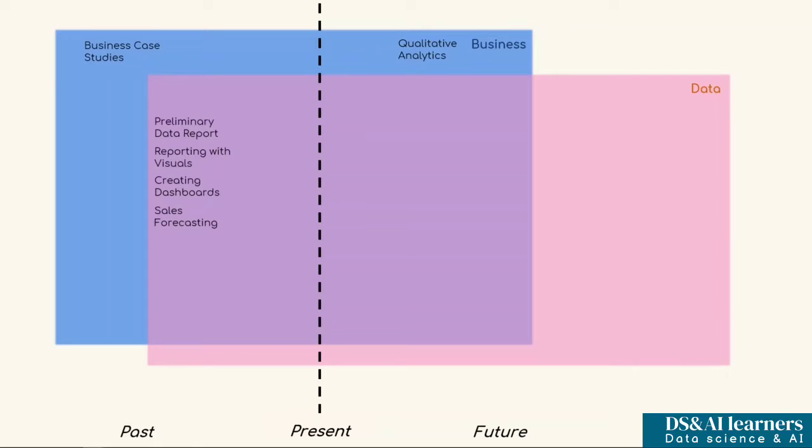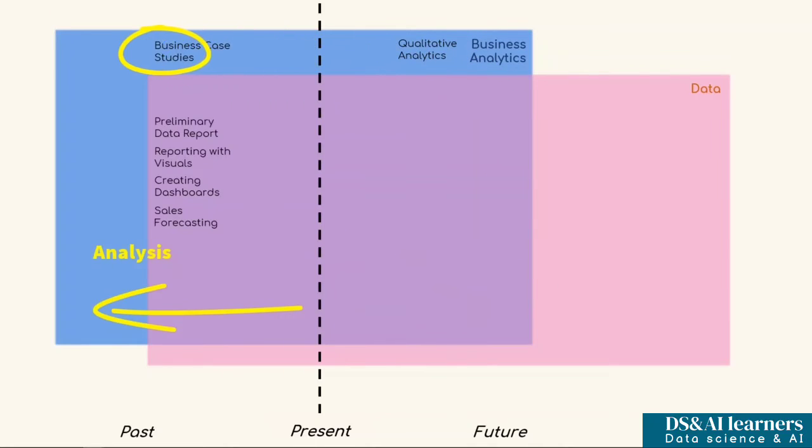We will move it up slightly to be able to contrast it to the other business term, qualitative analytics. This includes working with tools that help predict future behavior, therefore, must be placed on the right. Awesome! In essence, what we have now is qualitative analytics, which belongs to the area of business analytics, while learning from business case studies is part of your business analysis.